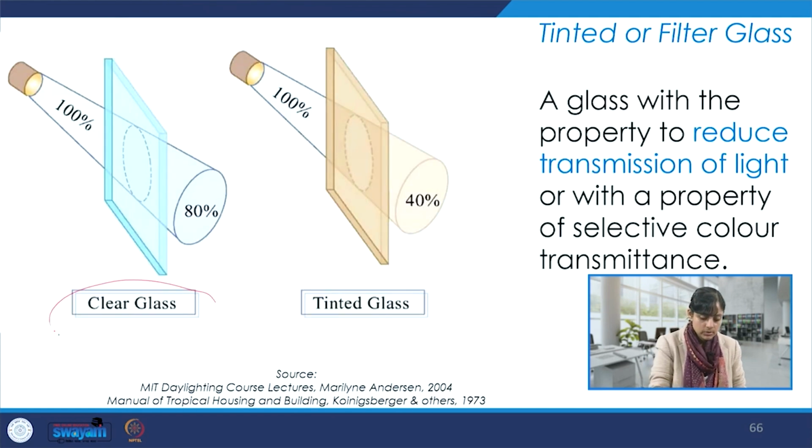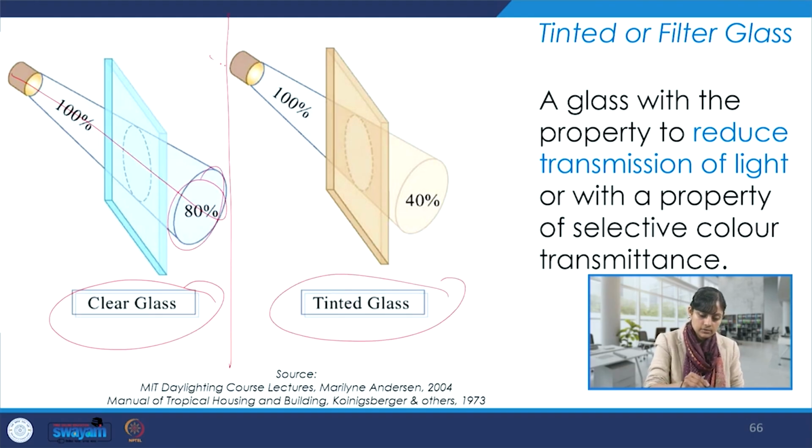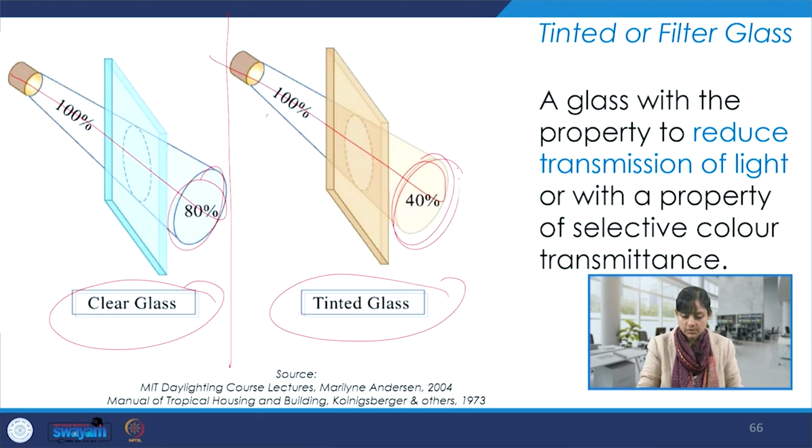So if we talk about a clear glass and a tinted glass, this is the kind of data that we are going to achieve, 100% to 40% only in tinted glass. So tinted or filter glass, a glass with the property to reduce transmission of light or with the property of selective color transmittance.